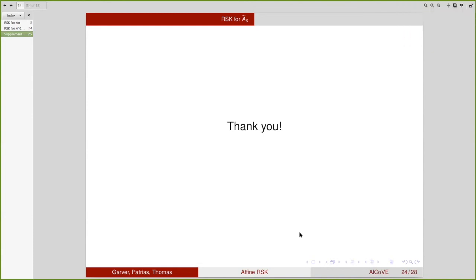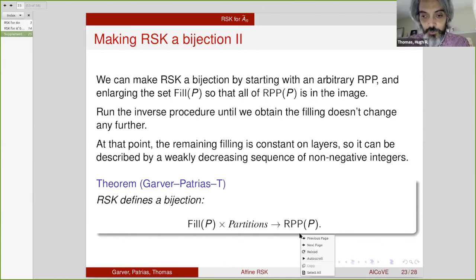Sure. This is from the slide. I just want to understand the left side of this. What does it mean, product of fillings and partitions? This just means that what corresponds to a reverse plane partition is a filling together with a partition.